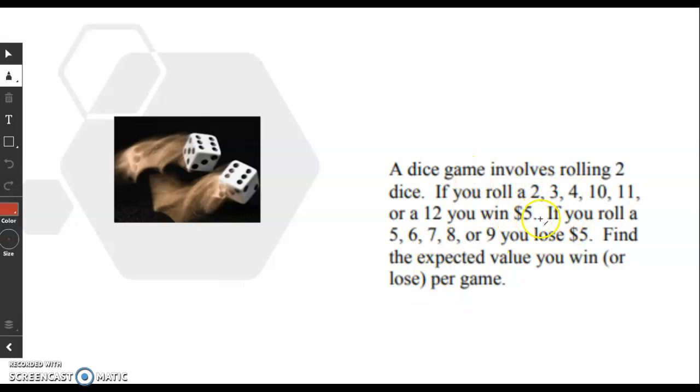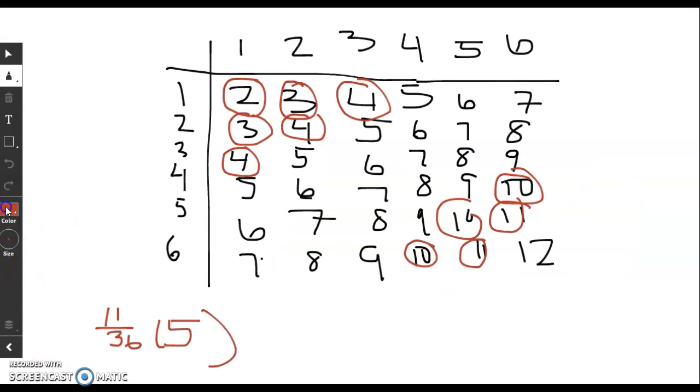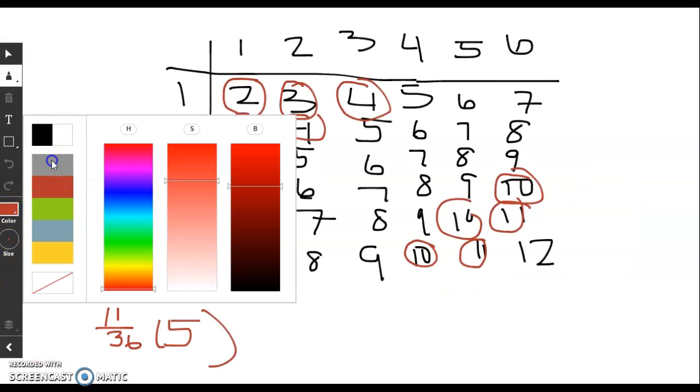All right. So next, we're going to go back and circle the ones if we lose $5. So if we roll 5, 6, 7, 8, or 9, we're going to lose $5. So let's change the color.